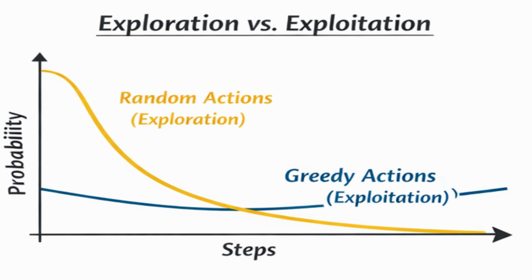The next key point of this is exploration and exploitation. We need to have the model be able to explore different possible actions that it could take in order to get different possible rewards.